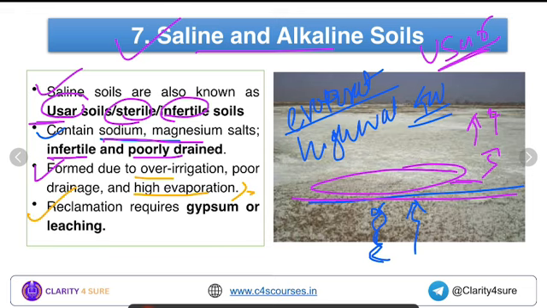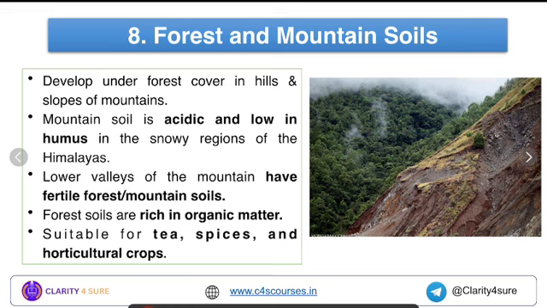And you need some kind of reclamation to use it for cultivation. The reclamation could be the use of gypsum, and leaching, that is, using water and leaching out all the soluble salts from your field.